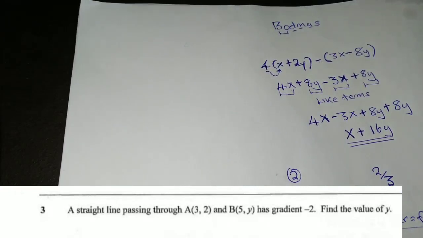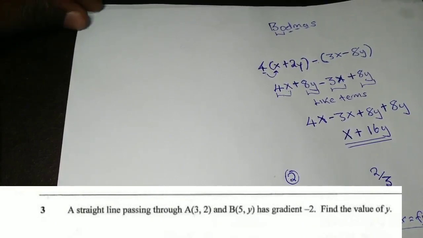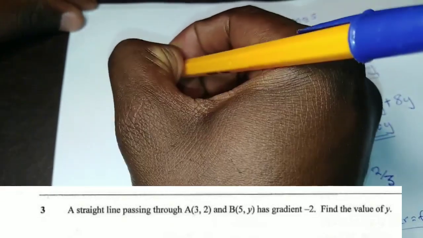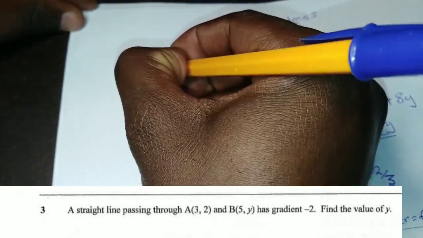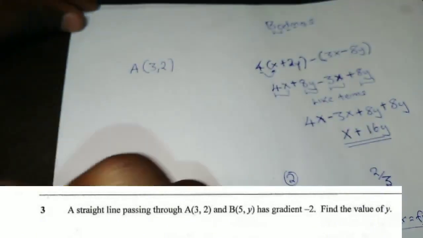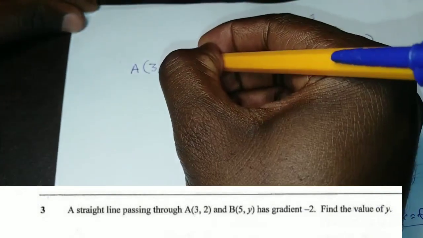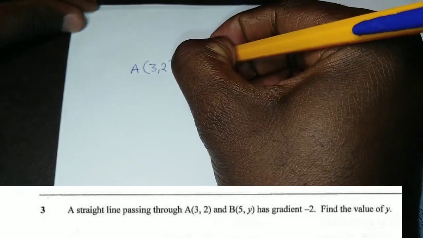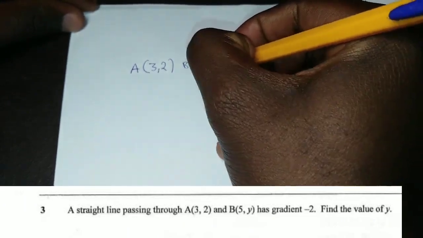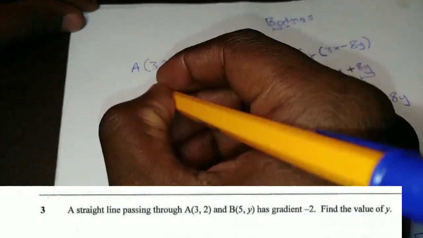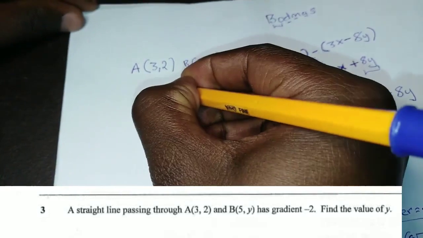It says a straight line passing through point A. Point A is given by the coordinates 3, 2, and then point B is given by the coordinates 5, y.